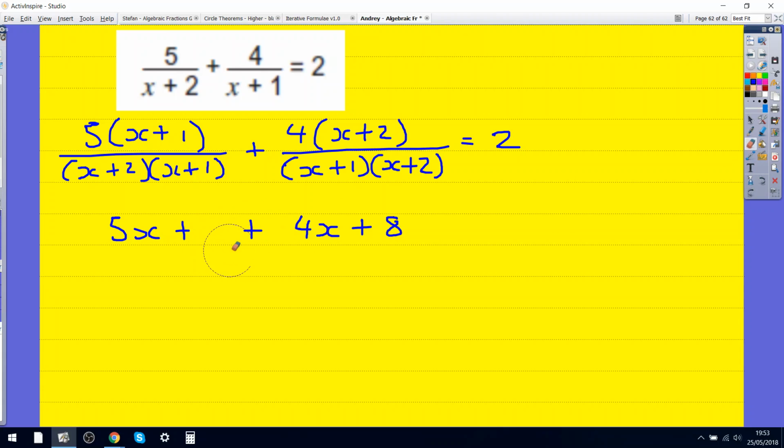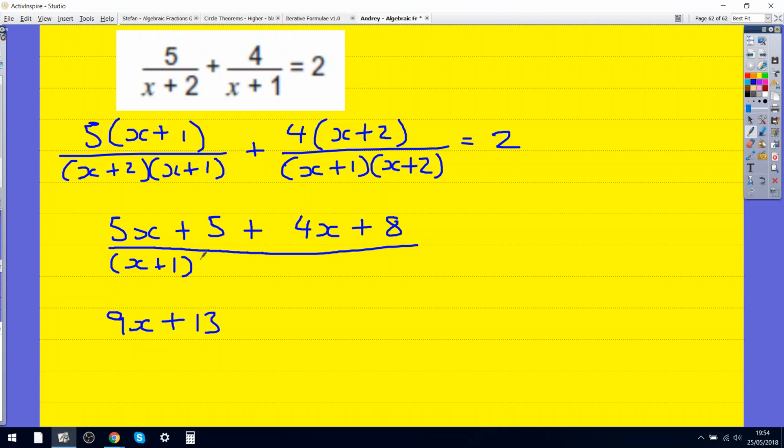Oh, it's 5, yeah. And then it would be 9x plus 13 over x plus 1 and x plus 2, equals 2.